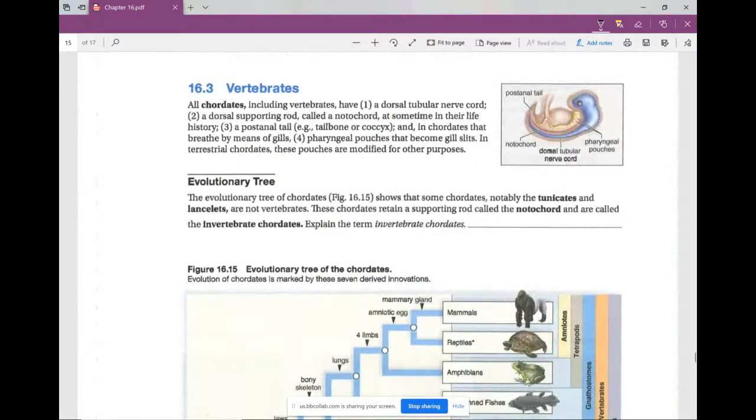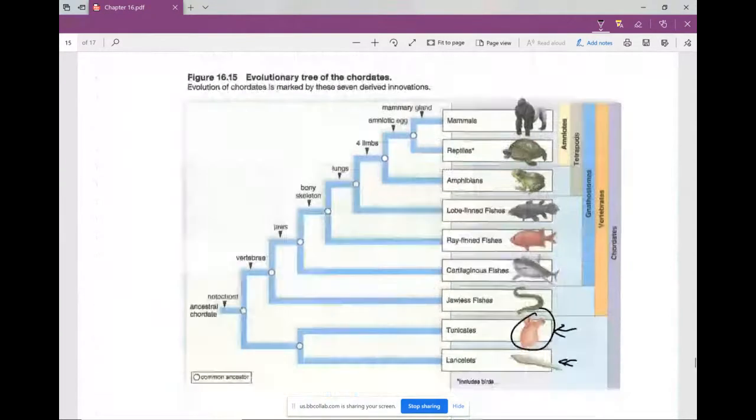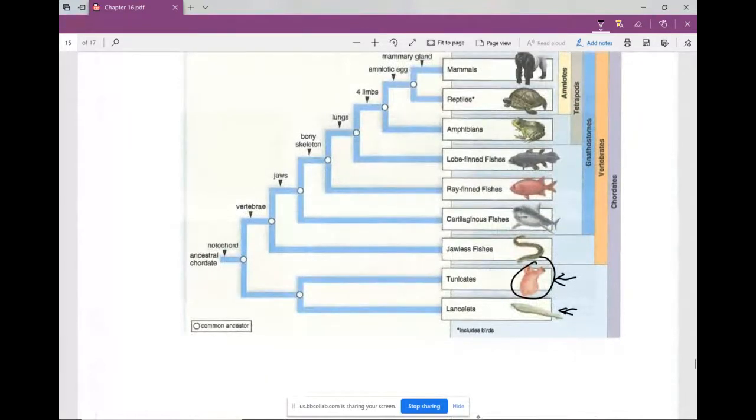But they do have the other characteristics. They have the postanal tail, they have the notochord, dorsal nerve cord, and pharyngeal pouches. So that's why they're still chordates, these two. The adult version of this is missing quite a few of those characteristics, but the larval stage has them.